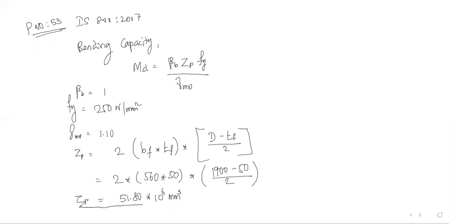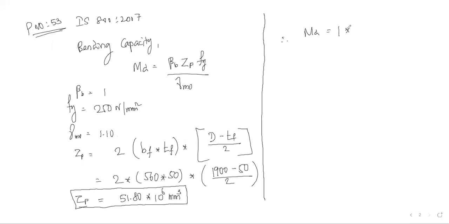If I substitute this value into the above equation, I can get the value of Md equal to 1 × 51.80 × 10^6 multiplied by 250 divided by 1.1. So Md is equal to 11772.7 kilonewton meter.